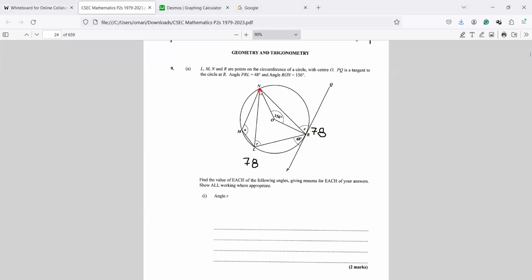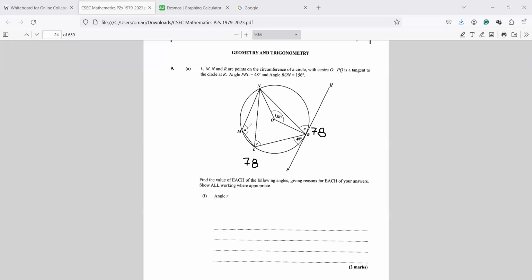And so what it tells us is that angle A must be equal to the supplement of angle R. So angle LRN plus angle LMN must be equal to 180 degrees, right?